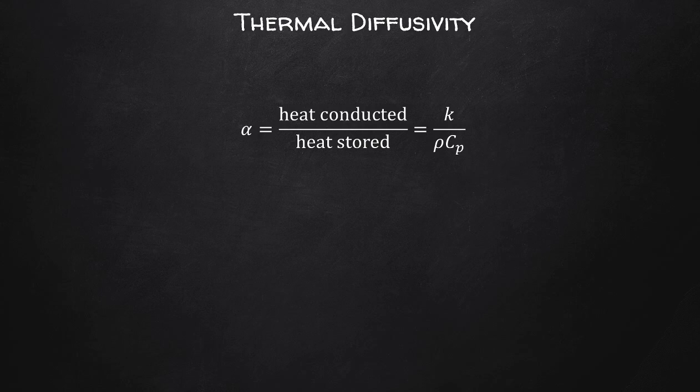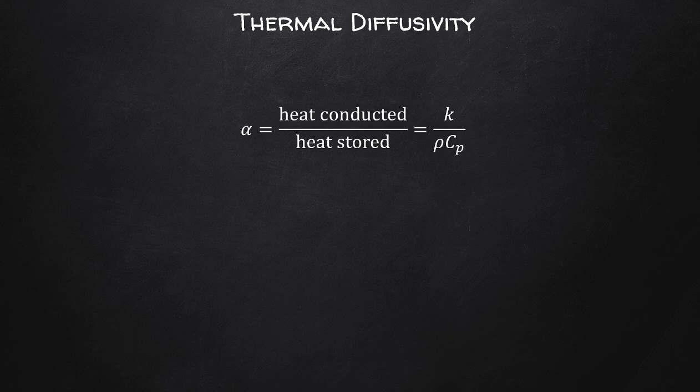Right. Now, a substance like gold, for instance, would typically have a very high thermal diffusivity because it has very high thermal conductivity, so it would conduct a lot of heat compared to its relative density and heat capacity, while something like alcohol would have a very poor thermal diffusivity because it tends to store a lot of the energy.